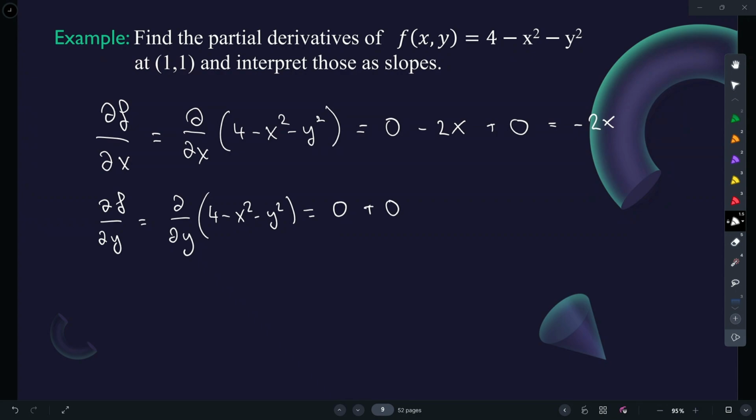And for minus y squared, the derivative will be minus the derivative of y squared, which is 2y, so I get minus 2y. Just be careful with the signs. These are the derivative functions. These are functions that now I can evaluate at points. So they ask me to evaluate at (1, 1), and then interpret as slopes.